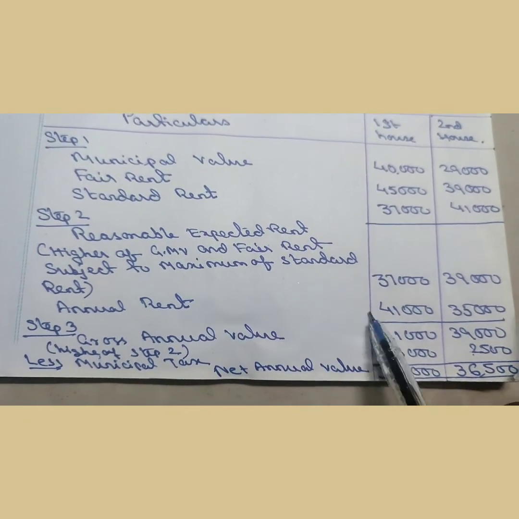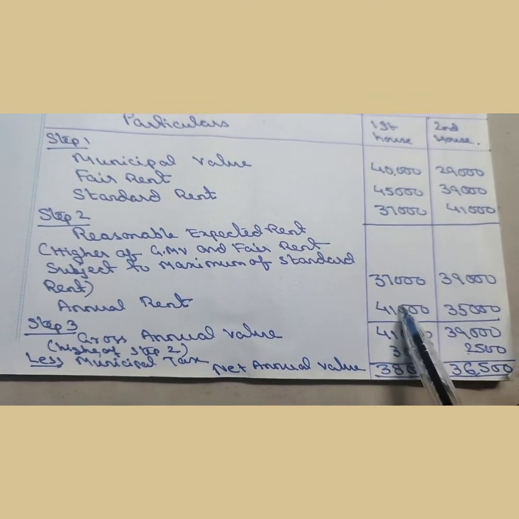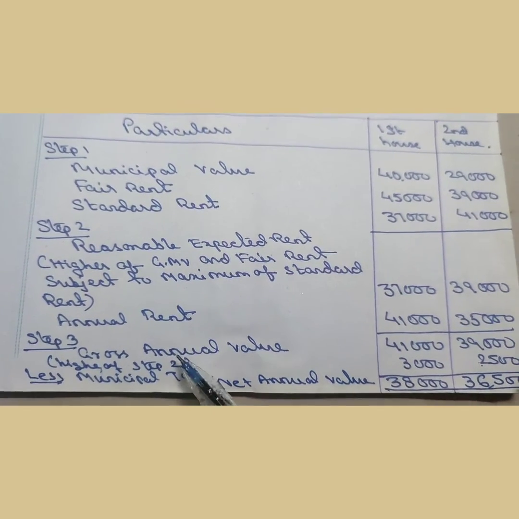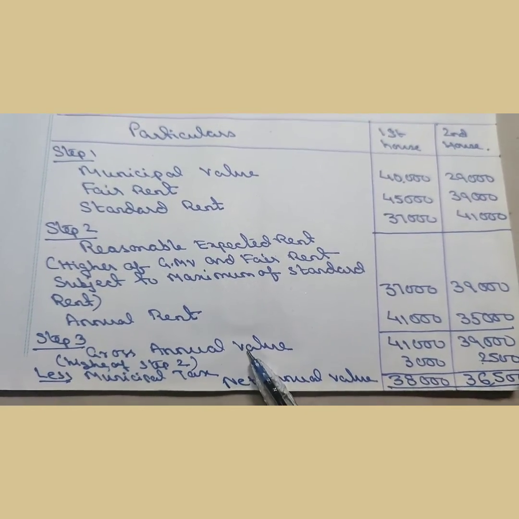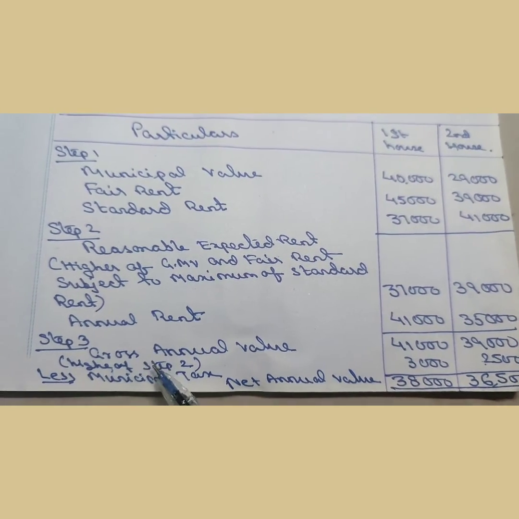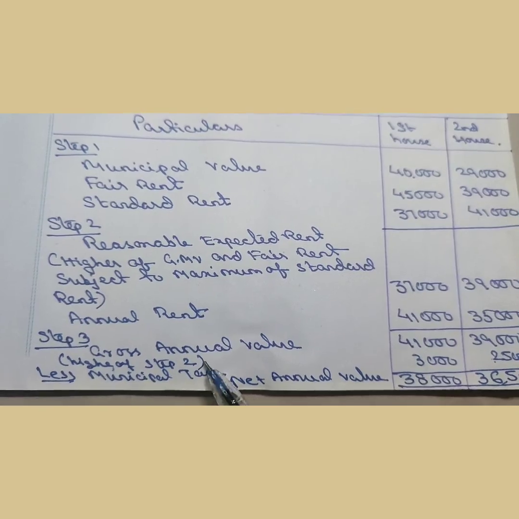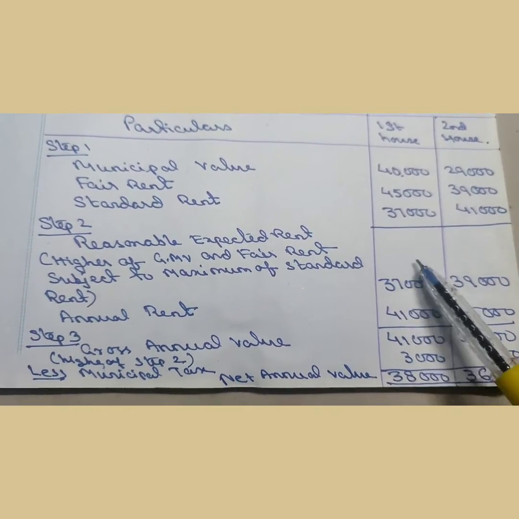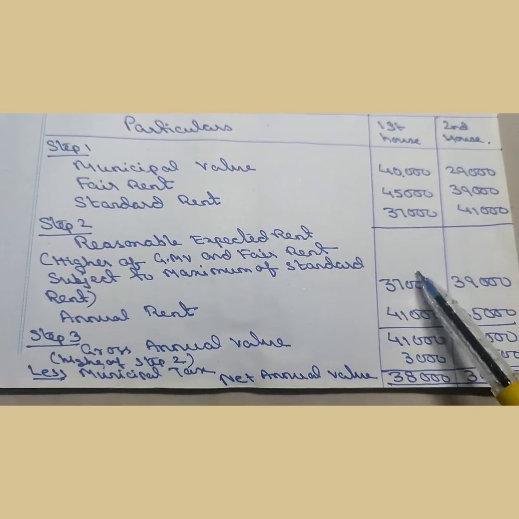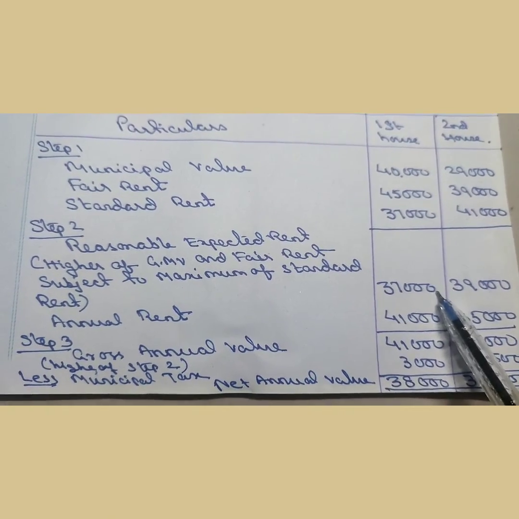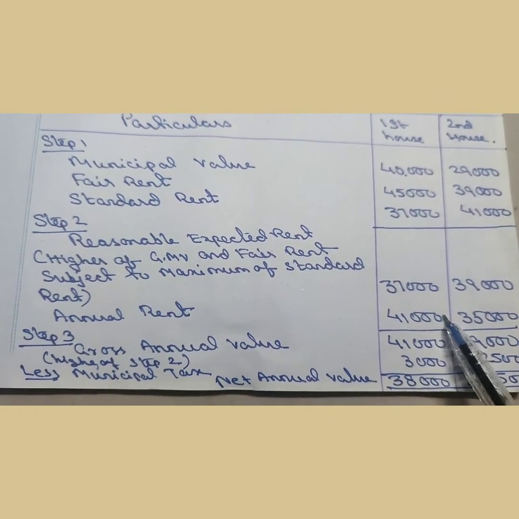Annual rent is given in the question, that is 41,000 for house 1 and 35,000 for house 2. Now step 3, there is no vacancy period, so we will come straight to gross annual value. And gross annual value is higher of step 2, that means comparing these two, that is reasonable expected rent of 37,000 and annual rent of 41,000.